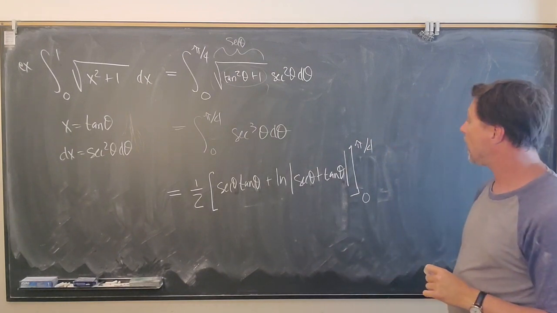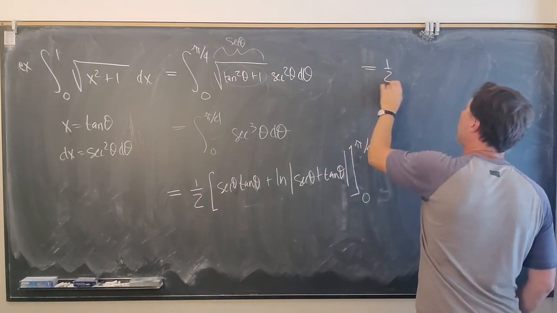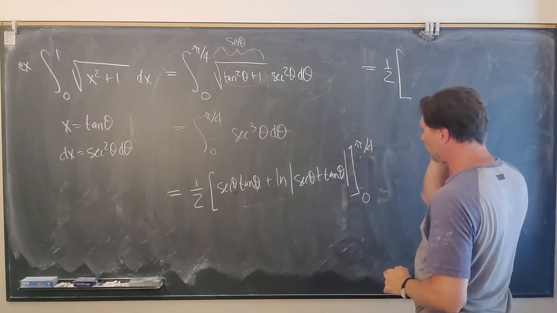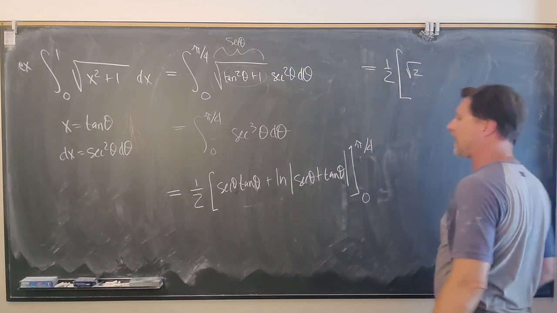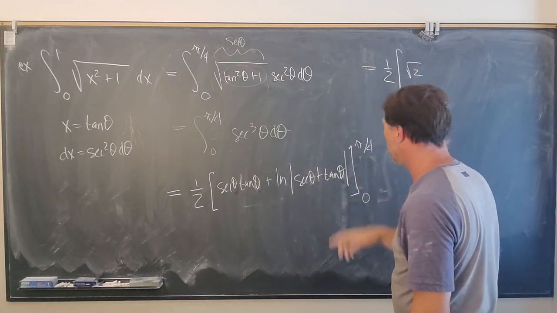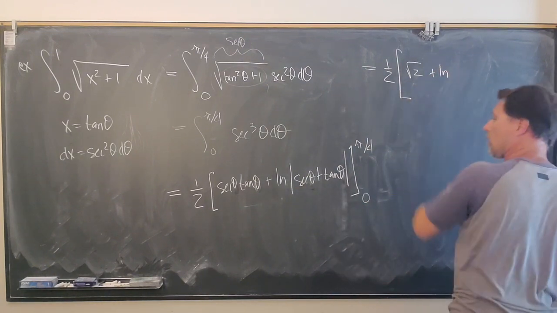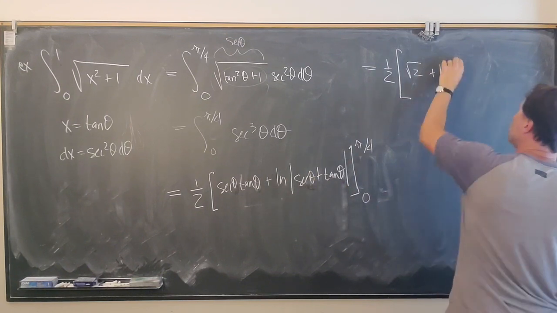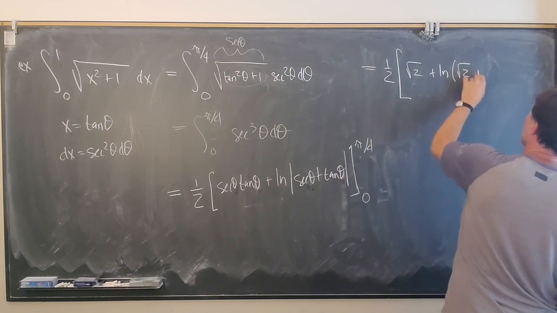Okay. And now we can plug in the limits of integration. So this will be a 1/2. Secant of pi over 4 is root 2. And tangent of pi over 4 is 1. And then we'll have plus natural log. So let's see, pi over 4 gives me a root 2, and tangent is a 1.